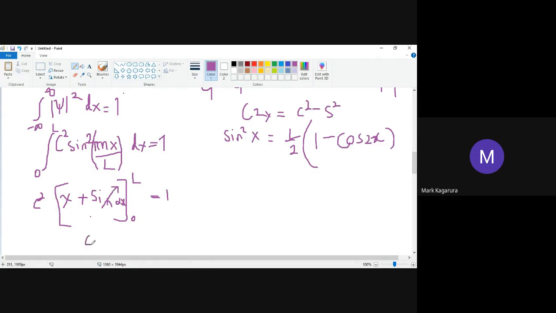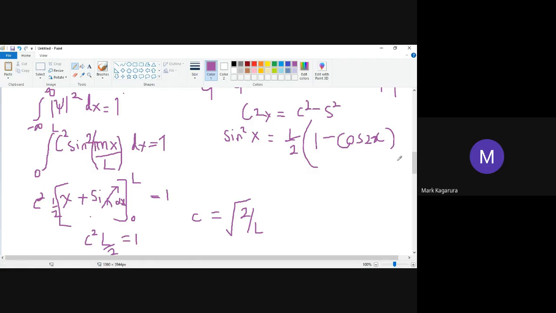So C squared L is equal to 1. There should be a 2 somewhere. Oh yes, there was a half here. So L over 2, and C squared is going to be 2 over L. So C itself is root 2 over L.